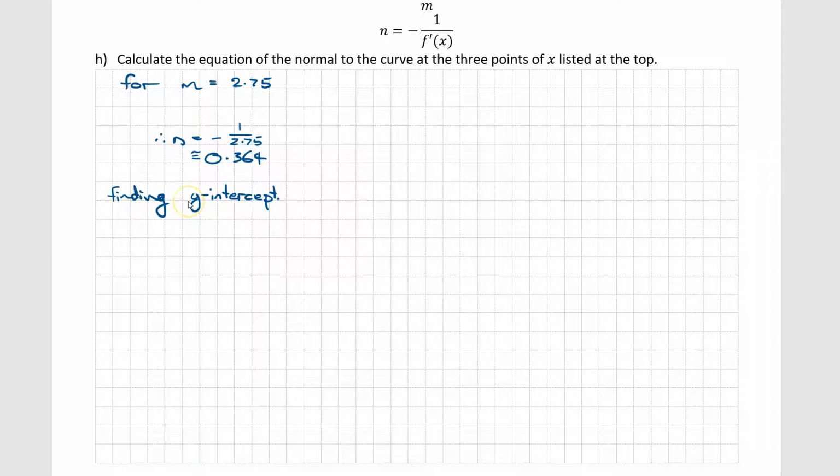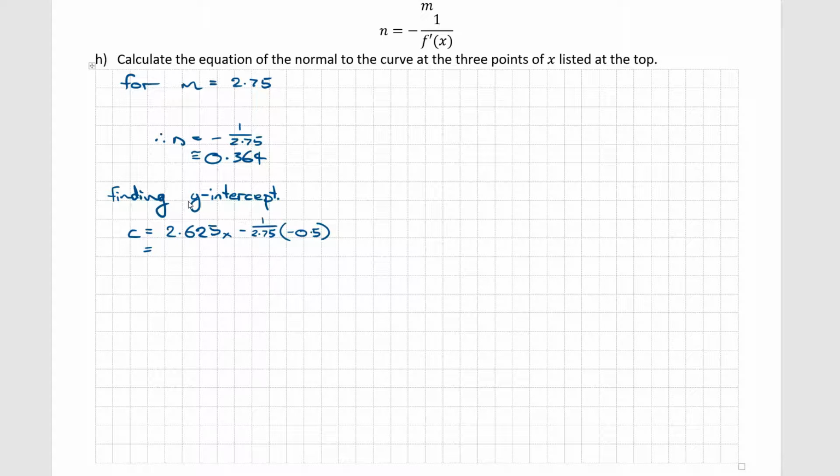So c is 2.625 times negative 1 over 2.75, and then multiply that with negative 0.5. So this expression on the right here will tell us the location of the y-intercept.